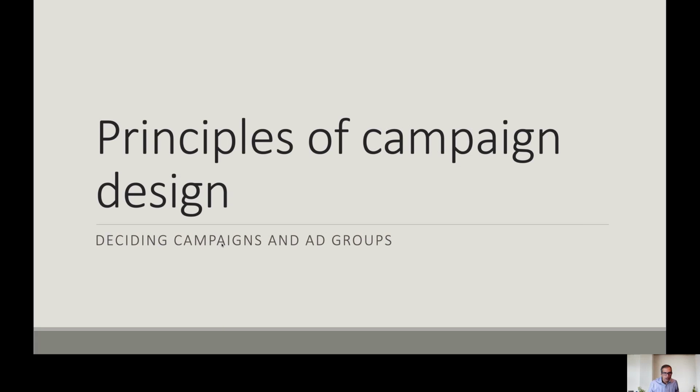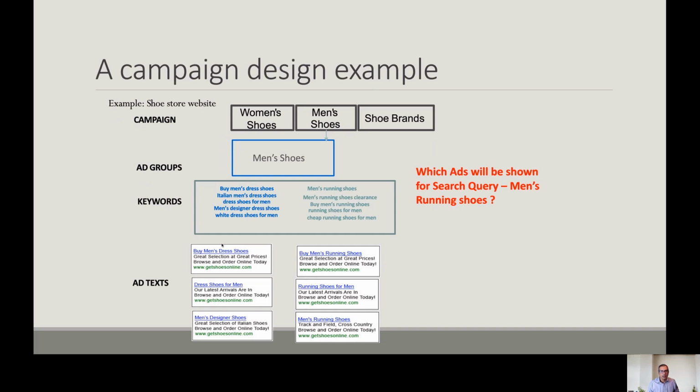Okay, so let us now start learning about the principles of campaign design, and in particular, how one should design campaigns inside an account, and how you should design ad groups inside a campaign. I think this example will help show why we should create multiple ad groups in the first place.